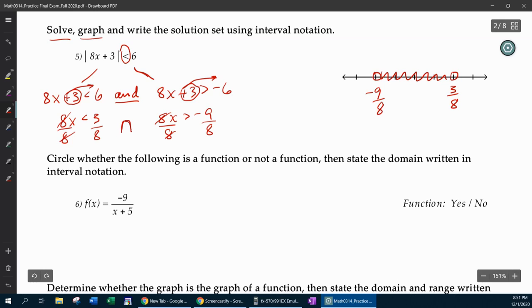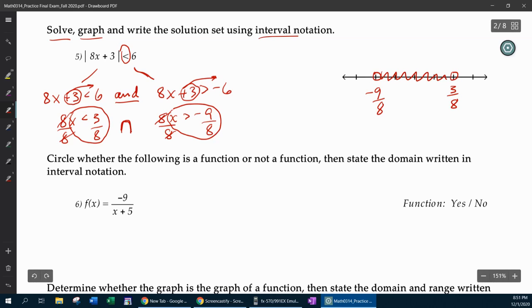And means intersection, which means you're going to have shading between the two. Because x is greater than -9/8 means shade to the right of -9/8, but x is less than 3/8 means everything to the left of 3/8.